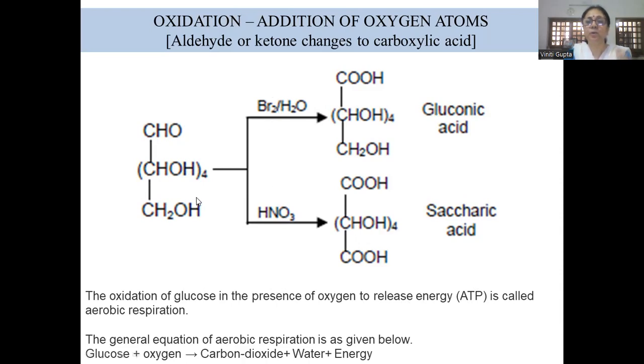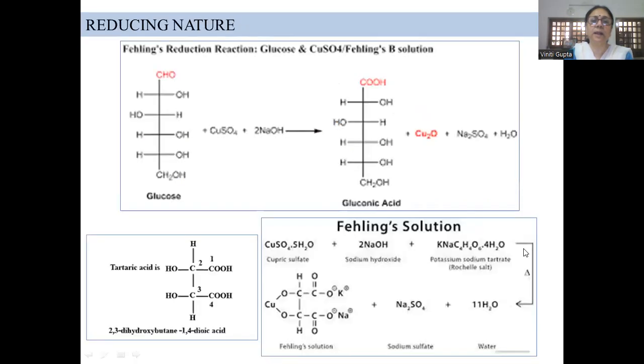But when glucose is oxidized by pure oxygen, it is called aerobic respiration. The equation is glucose plus oxygen gives carbon dioxide, water, and energy. Then we are not going to get any acid. Acid will only be obtained in presence of bromine water and nitric acid.